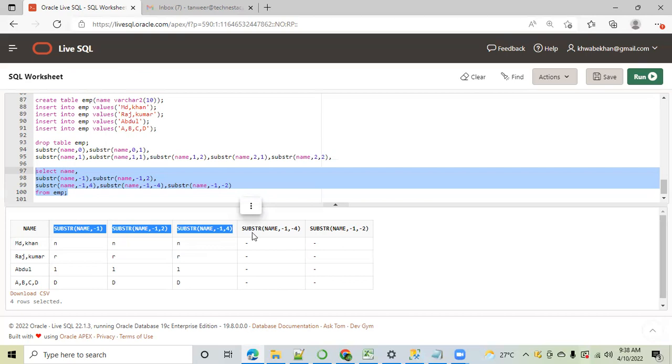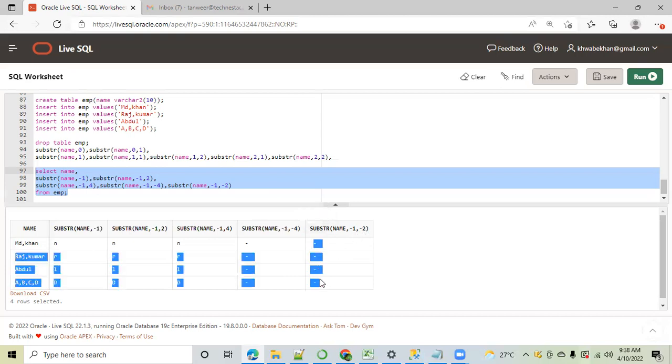After this, I have told you that in substring, if both the arguments are minus, you will not get any output. See, substring name with both arguments negative will not get any output. This doesn't make any sense actually, that's why you're not getting any output.